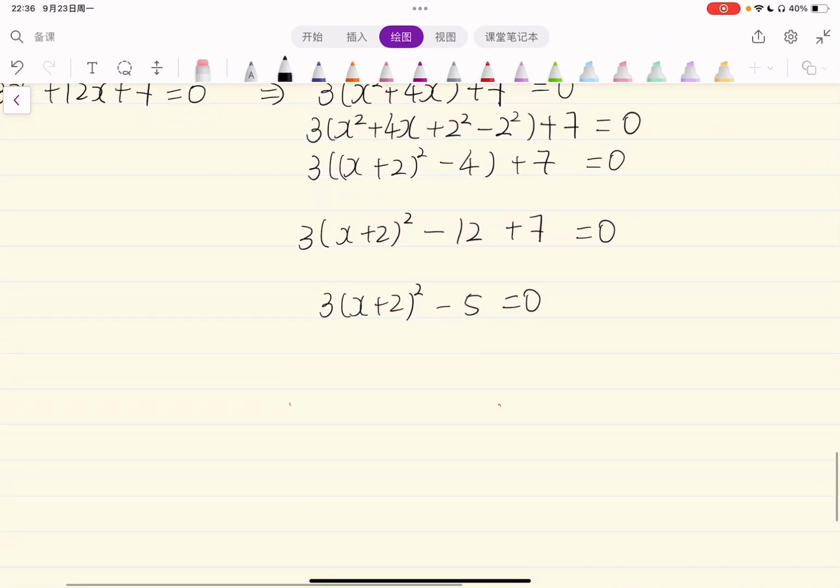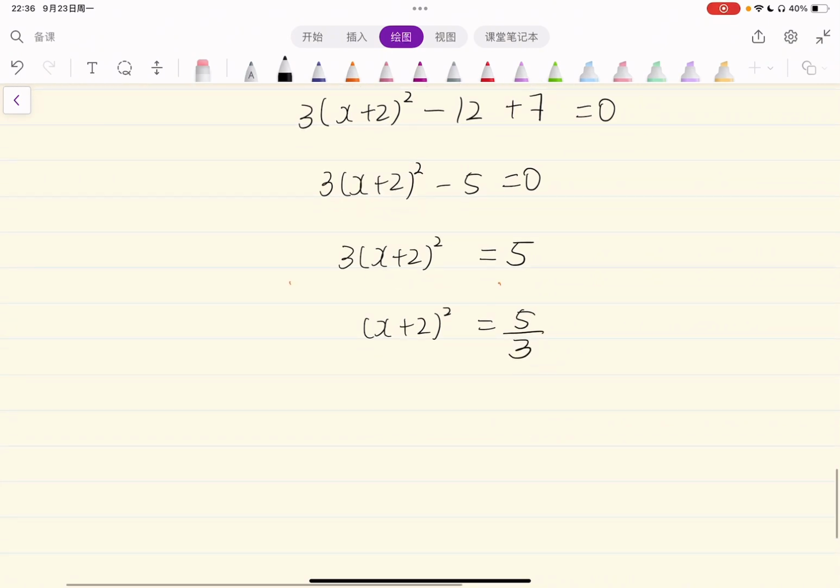And then we can move the 5 to the right-hand side. That is 3 times x plus 2, squared, equals 5. So x plus 2, squared, equals 5 over 3. As I have told in the previous video about solving quadratic equations, we can take the square root of both sides.